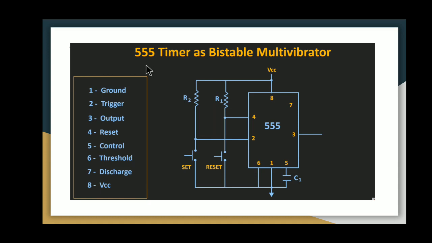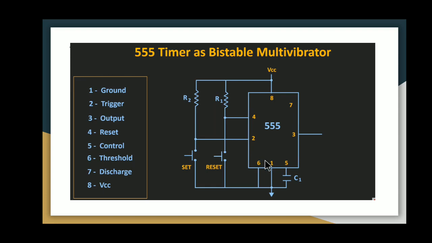This is the diagram of the 555 timer as a bistable multivibrator. Pin number 6 here is called the threshold pin. Pin number 2 is called the trigger pin, and pin number 4 is called the reset pin.